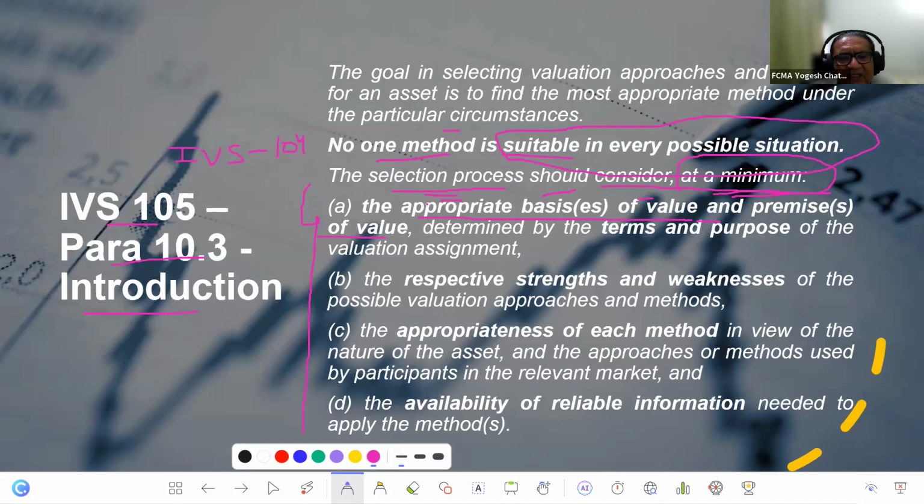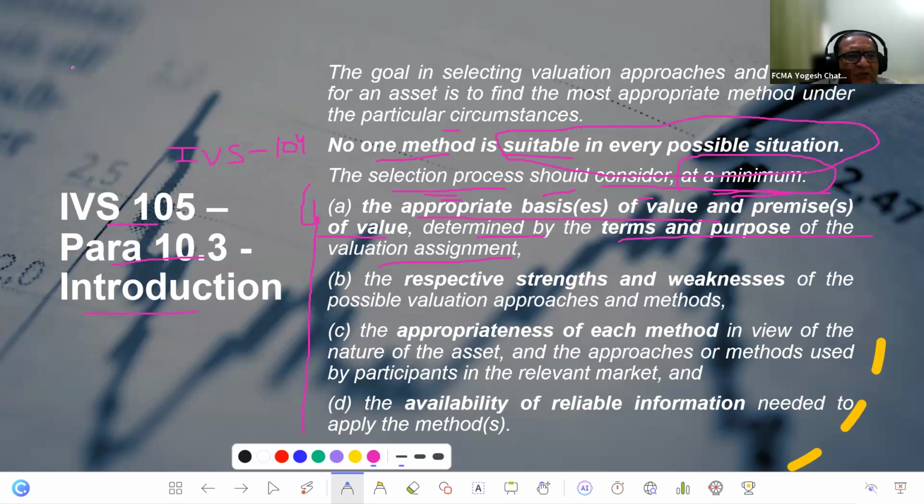The prior event is the selection of the appropriate basis of value and premise of value, determined by the terms and purpose of the valuation assignment.